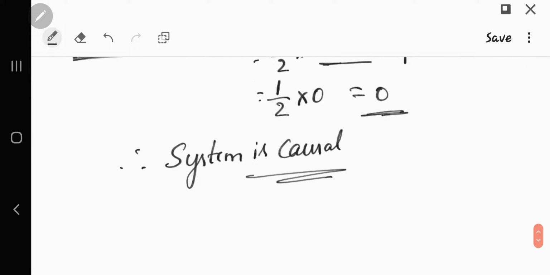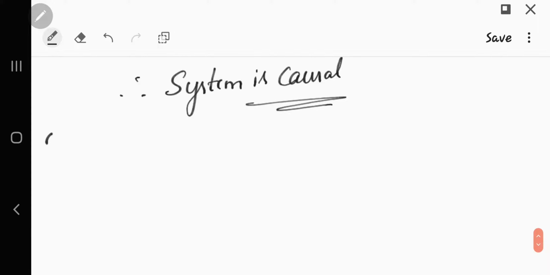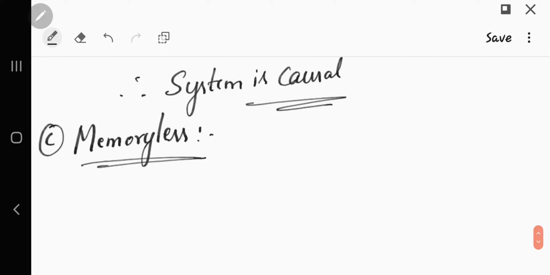Okay. So the third one is memoryless. The condition for a system to be memoryless is that the impulse response of the system should be of this form, that is C into delta n.